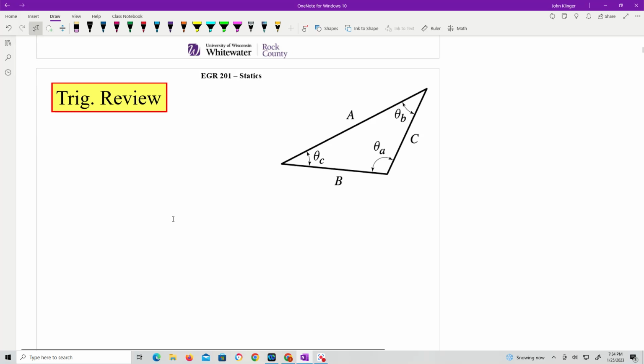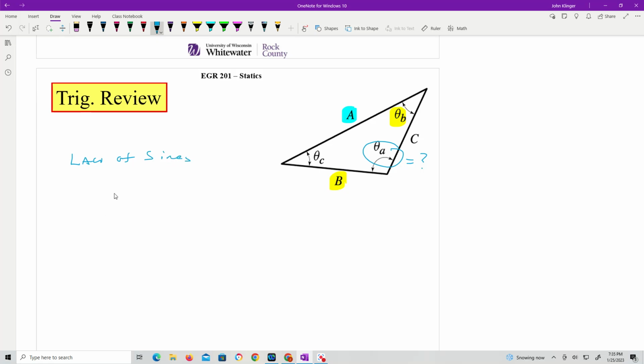All right, let's just do a quick trigonometry review. Let's say we have this triangle, and let's say we know side B and theta B, and we know side A, but we do not know theta A. How do we find it? If you remember back to trig, you used the law of sines.